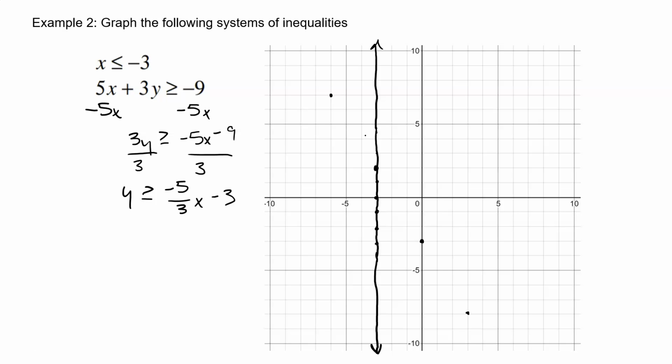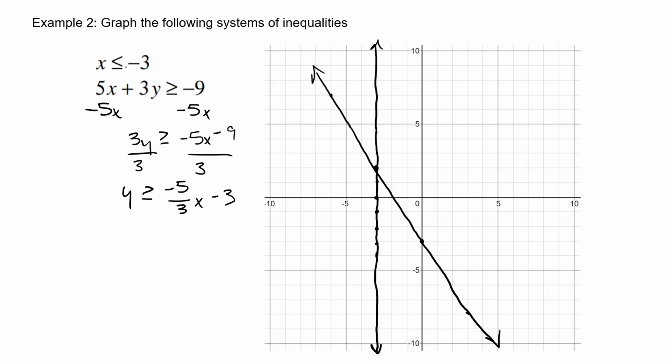So this will be another solid line here, because that's the equal to portion. Should look something like that.